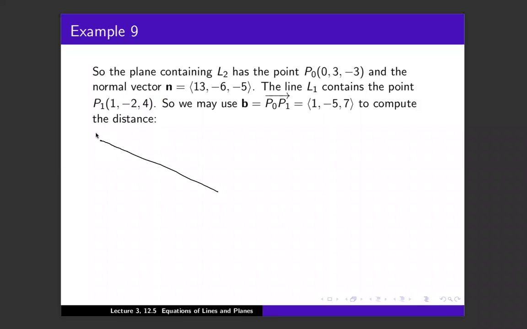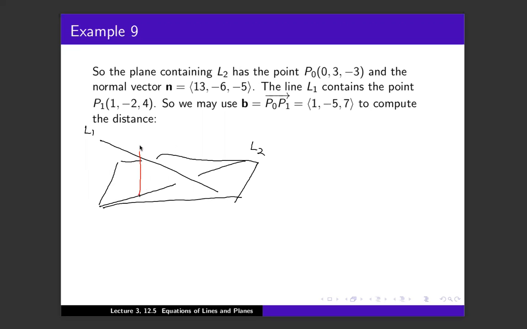Here's L1, here's L2, and here's the plane that we have just constructed. A bit of a weird looking plane, but that's how it goes. We know that we're looking for this distance, which is going to be along this normal vector n, which is (13, -6, -5).